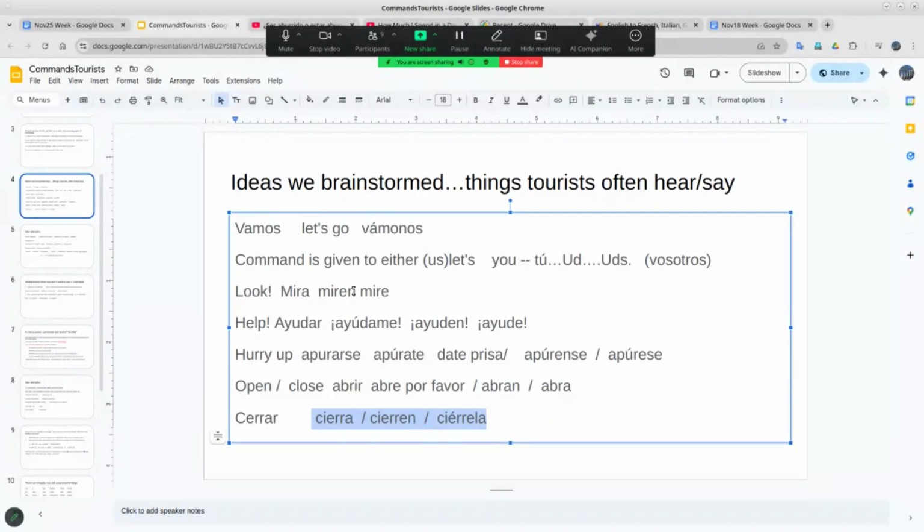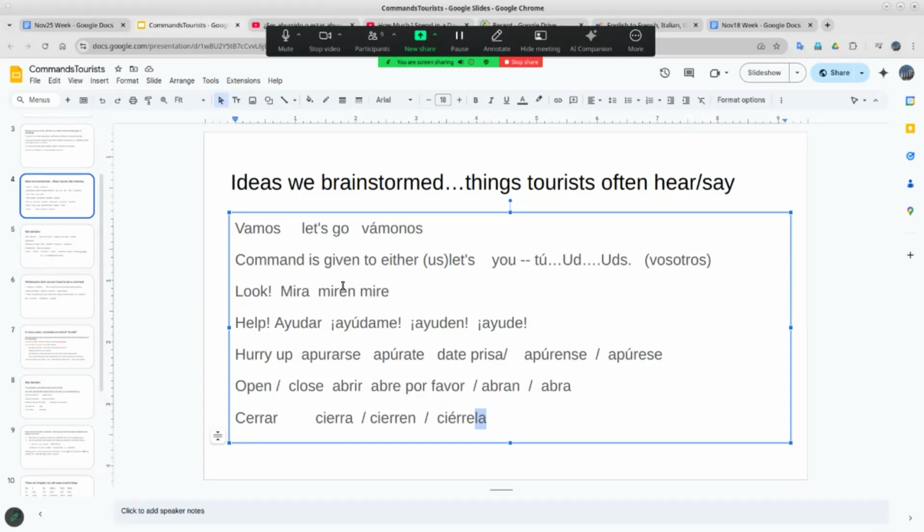Cierren for ustedes or cierre. Ciérrela would just be adding the it, like for a door or a window. Ciérrela, close it. If you're closing a book, ciérrelo.